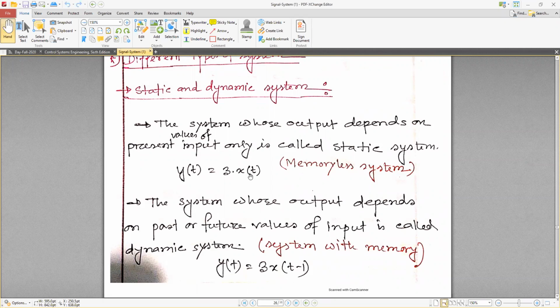Here the present is x(t), and t minus 1 is the past. Here the output y(t) depends on the past of the system, that is 3x of t minus 1, and here the output depends on the present situation of the system, which is 3 of x(t). A static system has no memory. On the other hand, the dynamic system has memory. Remember this.